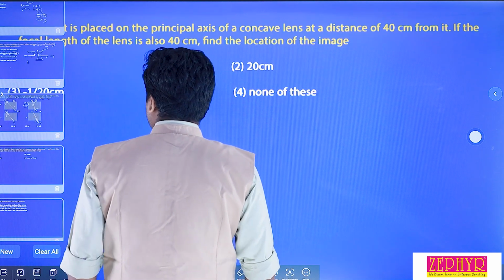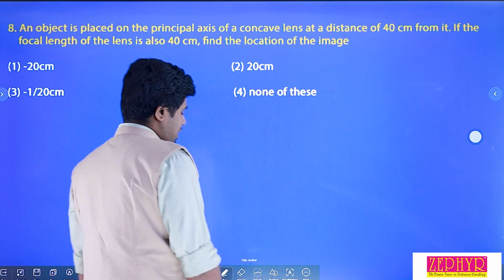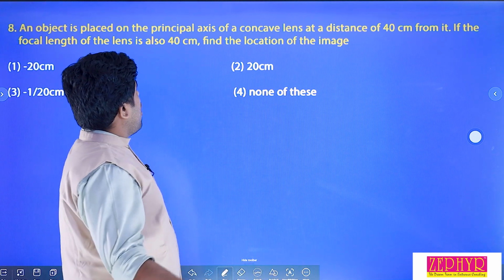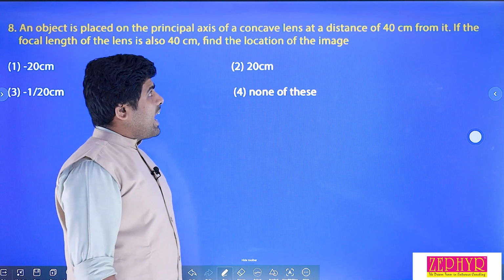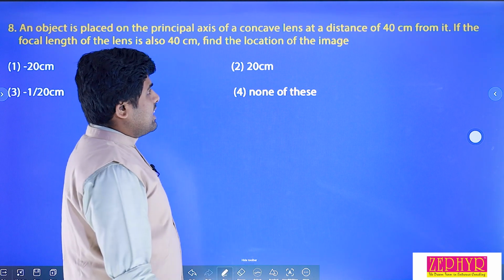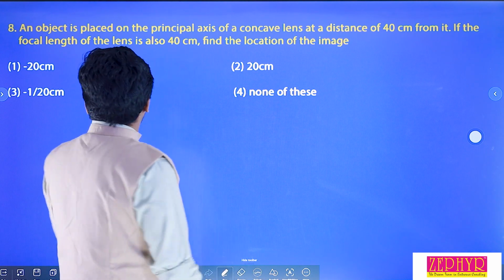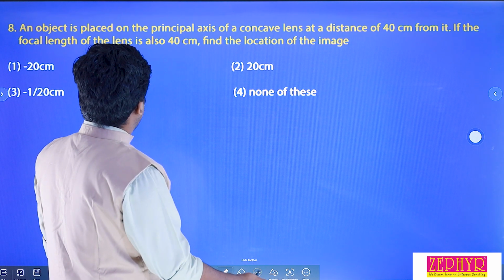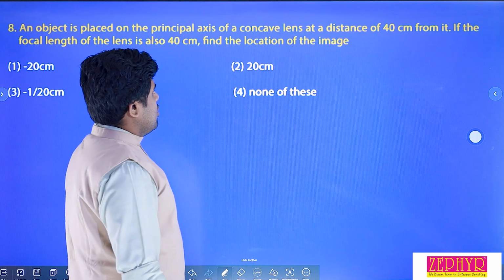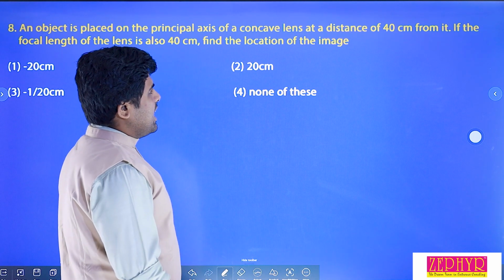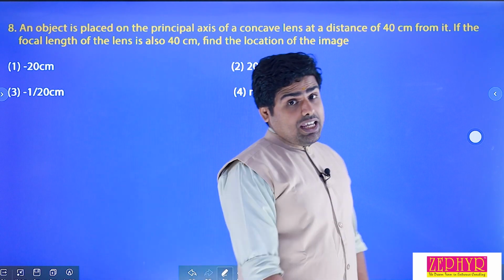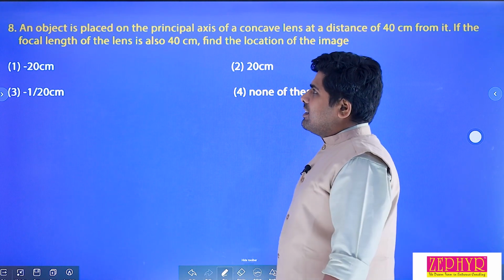See question number 8. An object is placed on the principal axis of a concave lens at a distance of 40 centimeter from it. If the focal length of the lens is also 40 centimeter, find the location of the image. That is the question.